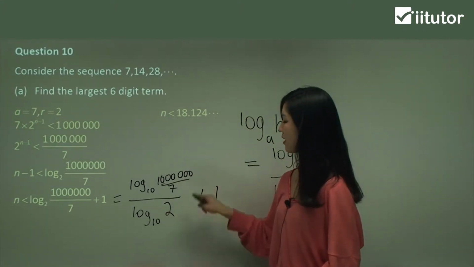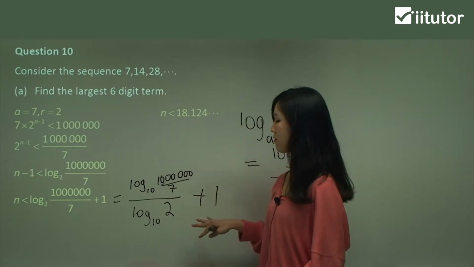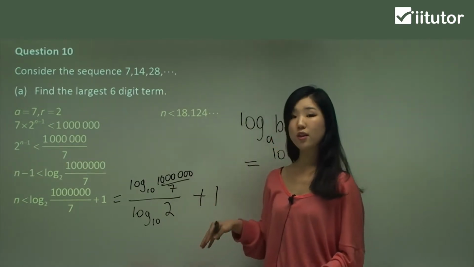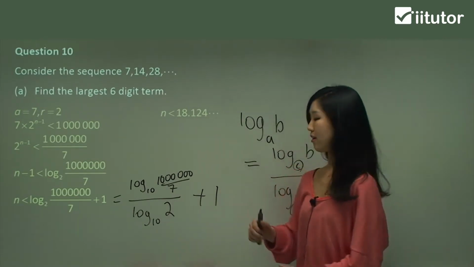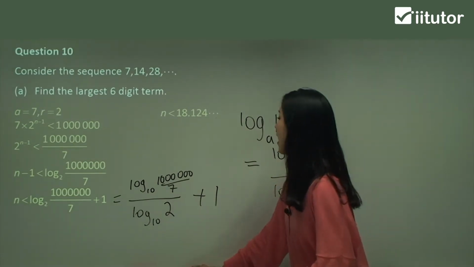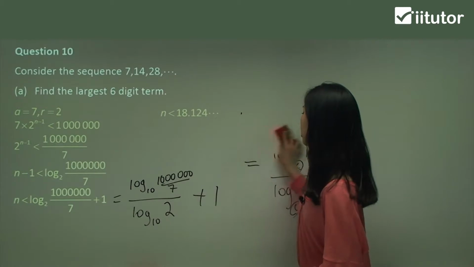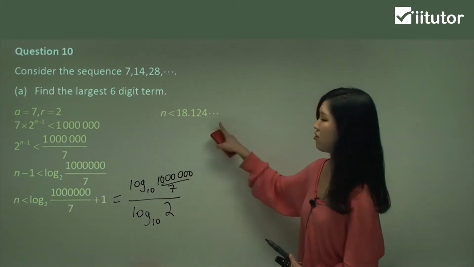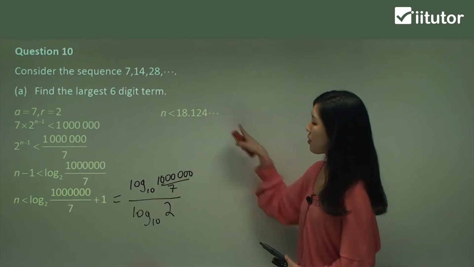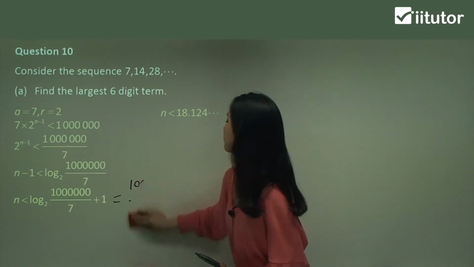Go log 10 of 1 million over 7 over log 10 of 2. The log 10 button is basically just the log button on your calculator. Just type it in, and you should get 18.124, etc. I just used dot dot dots. So something roughly that kind of number.